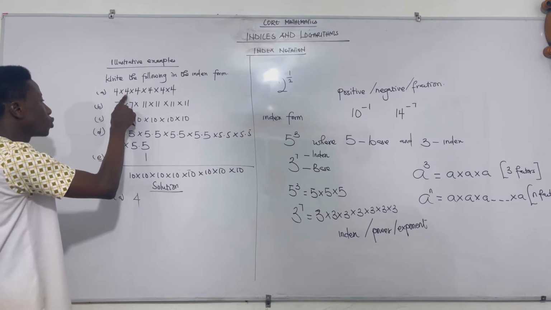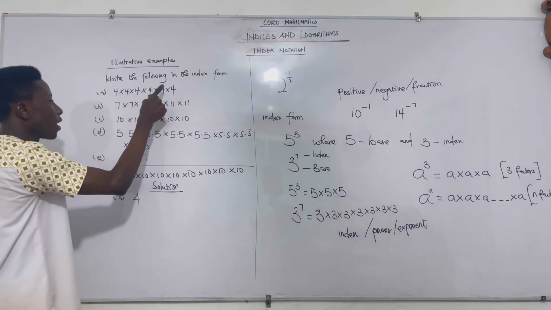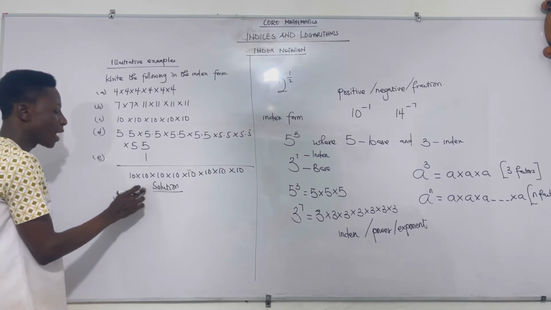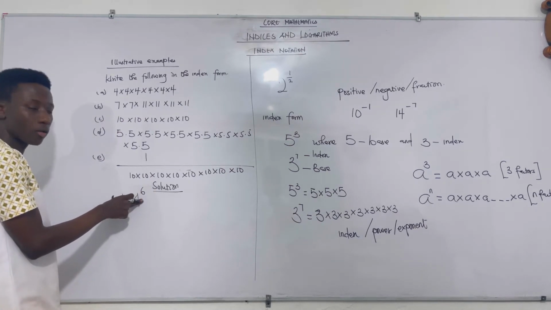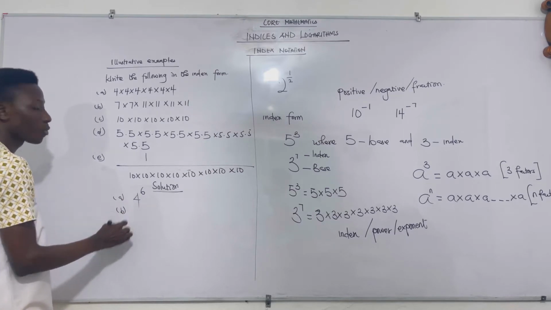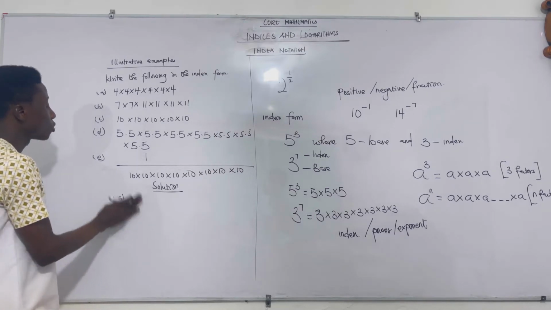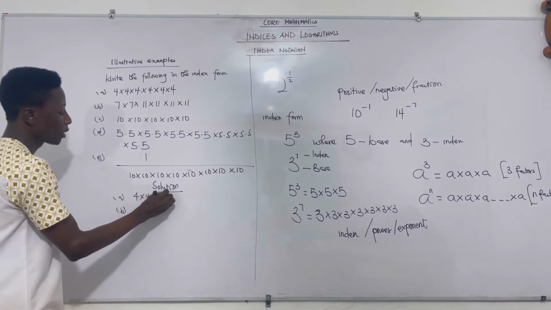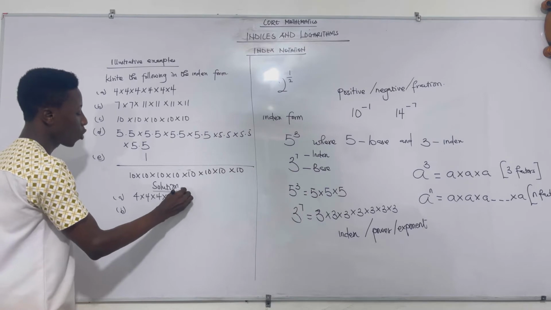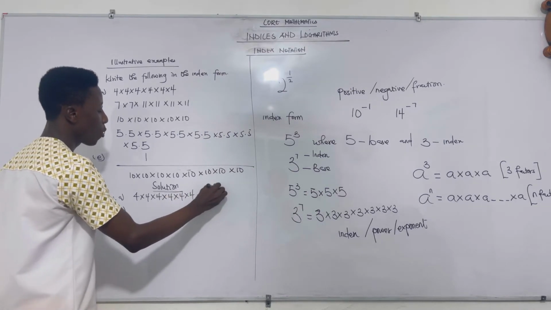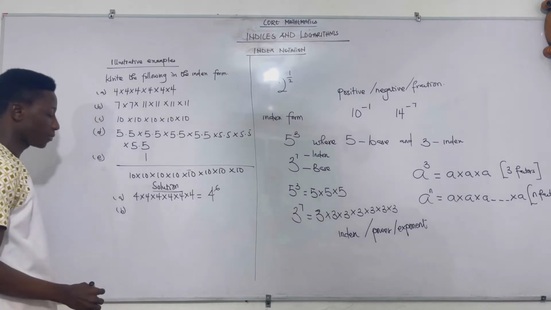So 1, 2, 3, 4, 5, 6. That goes to the index side, so that becomes 4 exponent 6. So 4 times 4 times 4 times 4 times 4 times 4 gives us 4 to the power of 6.